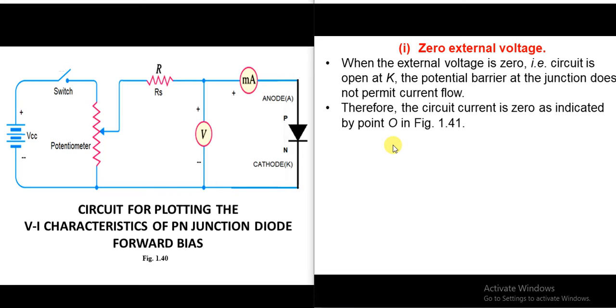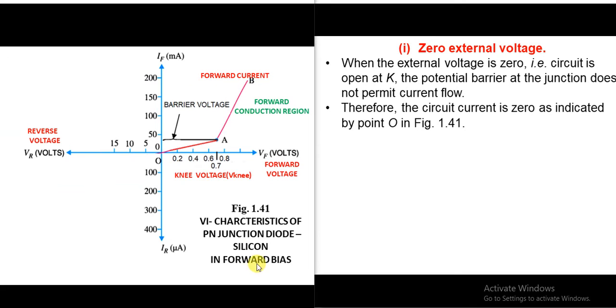Therefore, the circuit current is zero and it is indicated in the graph. So here in this graph, the circuit current is 0 and it is indicated by point O here.